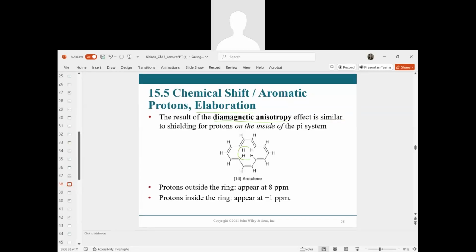If we have protons on the inside of a pi system, we can see shielding here now, and the protons inside the ring would appear around -1, so below our 0 ppm of our TMS standard. Because we can see that again, this shielding effect inside our ring, whereas out here they were deshielded and we saw about 8 or so parts per million.